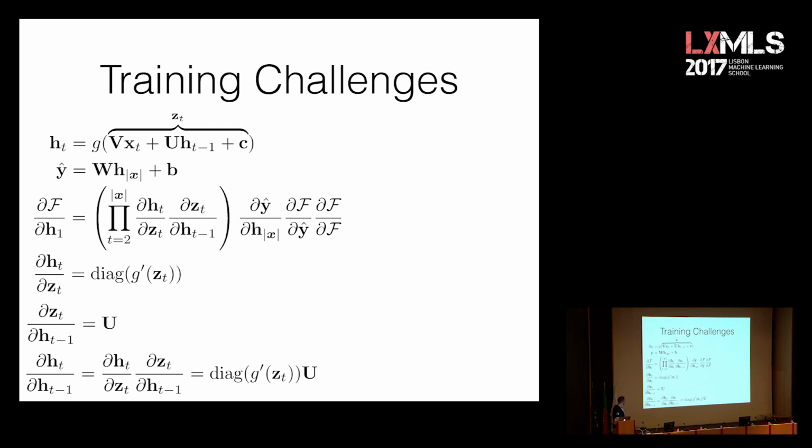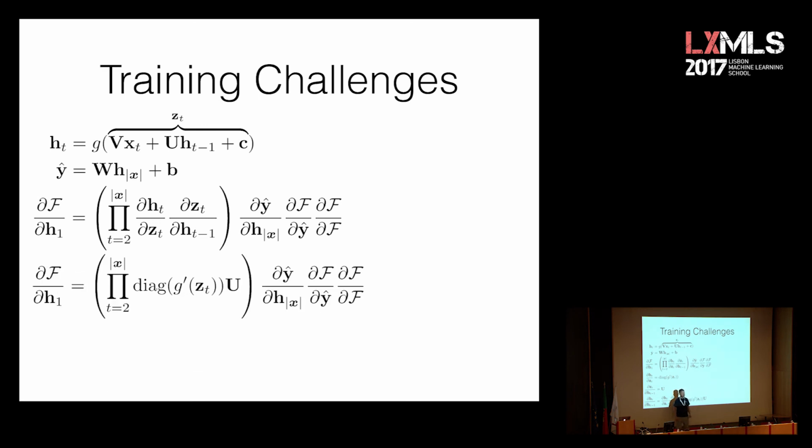So the derivative of ht with respect to ht minus 1 is just this diagonal of the derivative of zt times U. All right. So we've now got this constant here, and we've got this thing here.